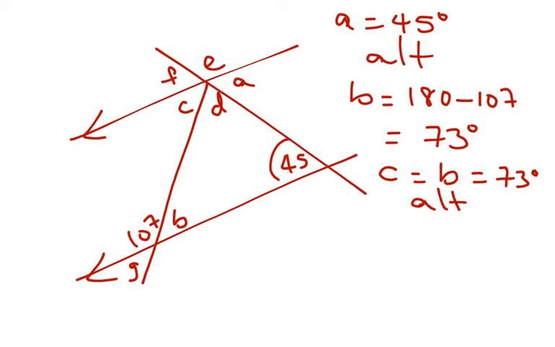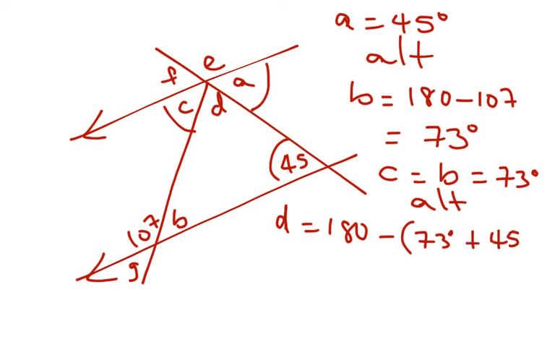Now we're down to D. We see a straight line where C is known and A is known, and all angles on a straight line add up to 180 degrees. So angle D is equal to 180 degrees take away C, which we know is 73, and A, which we know is 45, giving us an answer of 62 degrees.